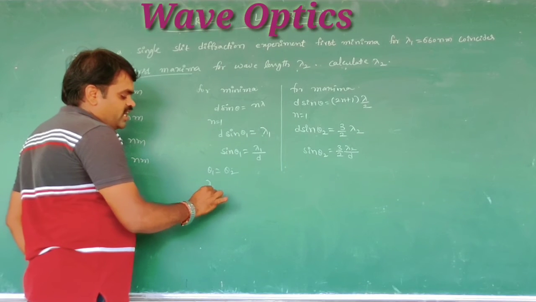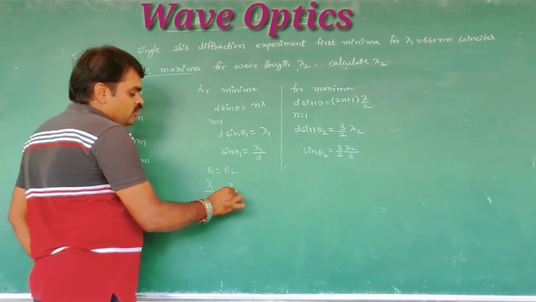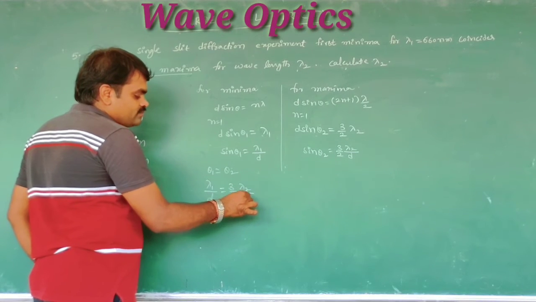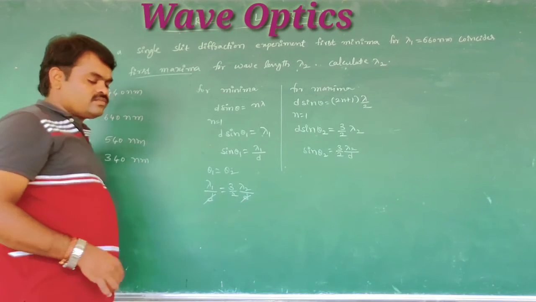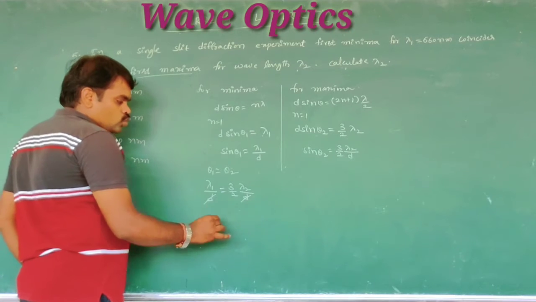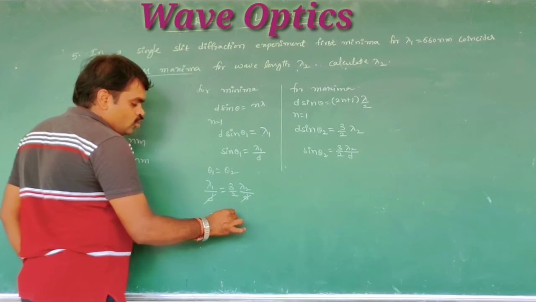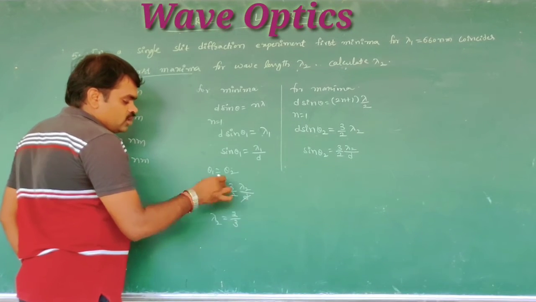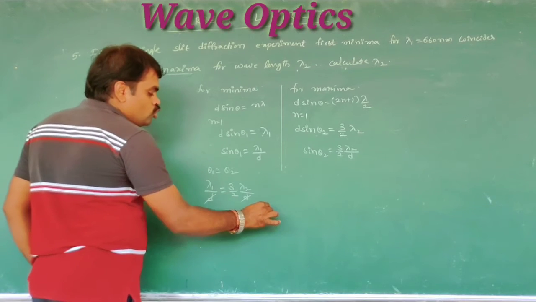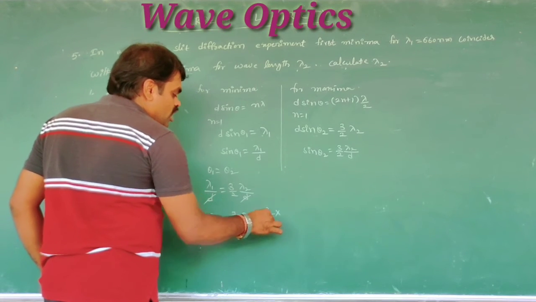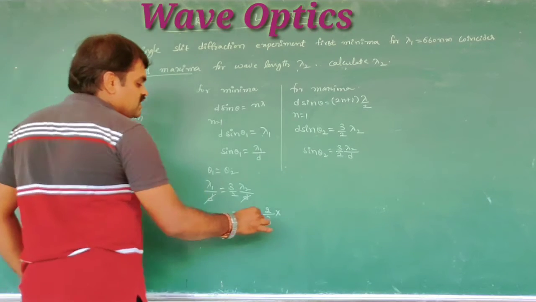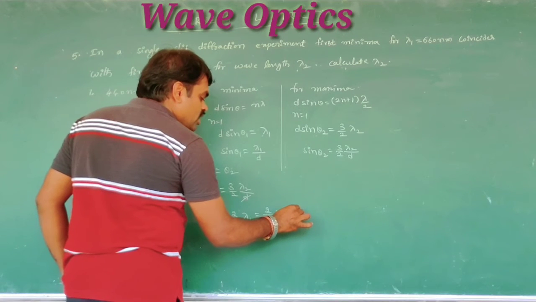That is lambda 1 by d is equal to 3 by 2 lambda 2 by d. The d's cancel. Then lambda 2 is equal to 2 by 3 into lambda 1, which is 2 by 3 into 660 nanometers.